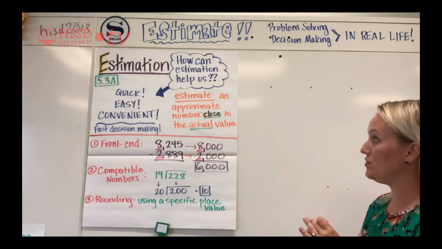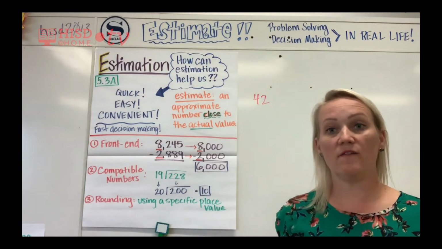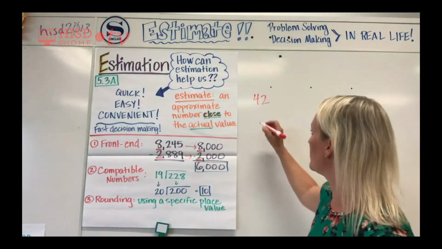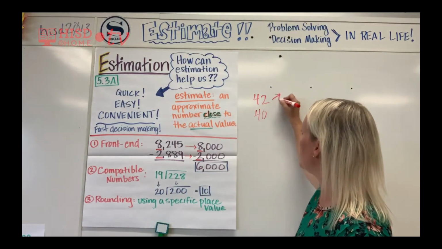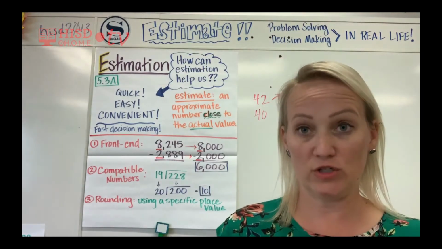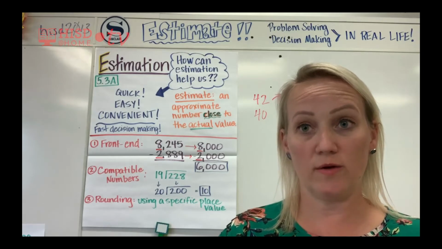So instead of using a number like 42, we can say 42 is approximately 40, right? Because that's an easier number, 40. Or some people might even say 50. The point is, it's not exactly 42. So estimation takes a closer number that's easier to work with, okay?